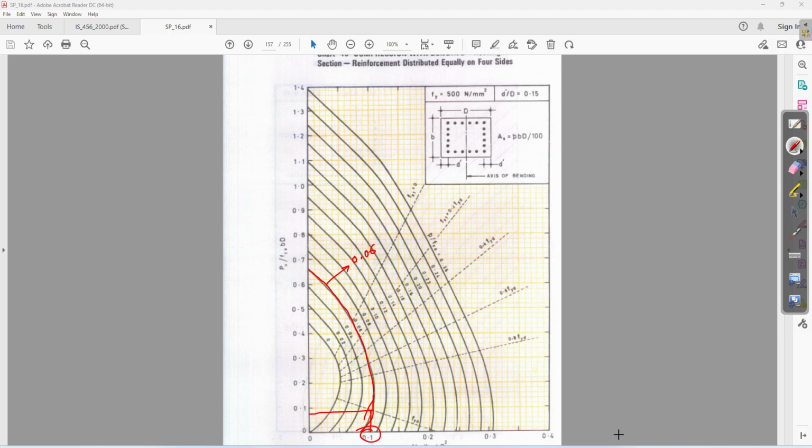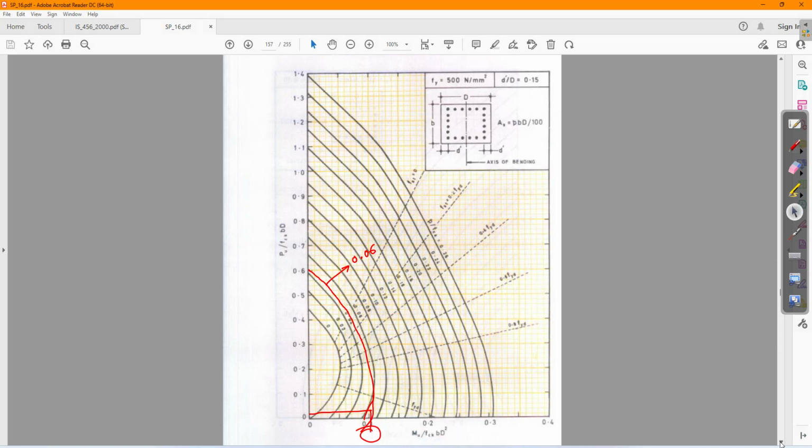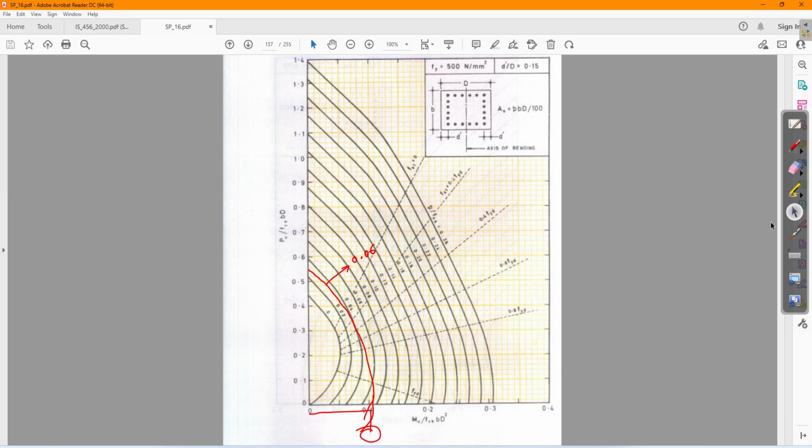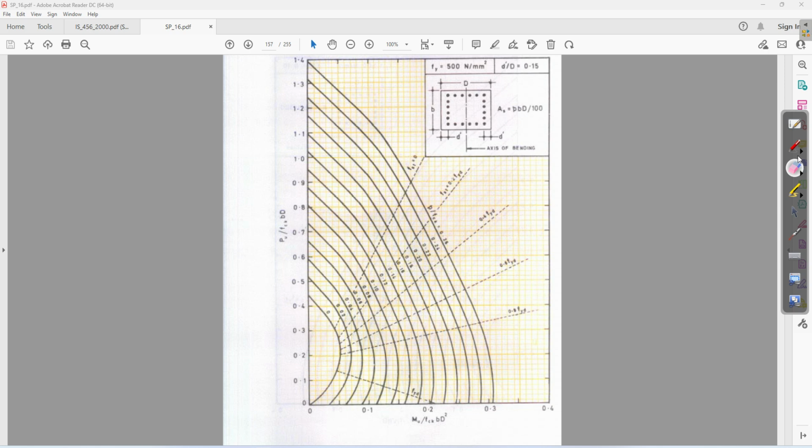So you will get on the x-axis. On the x-axis you have mu by FCKBD square. So this is your 0.06 curve. So you will get mu by FCKBD square.